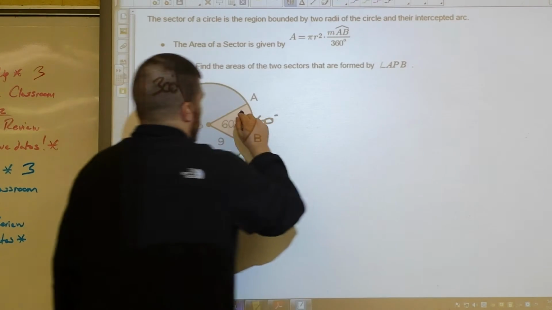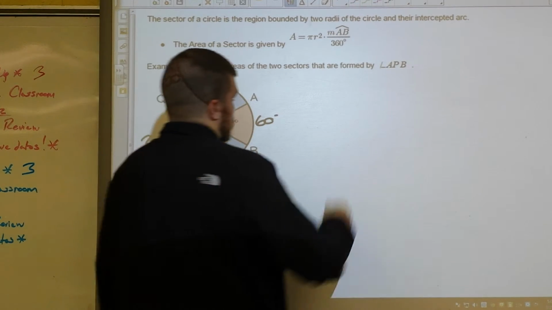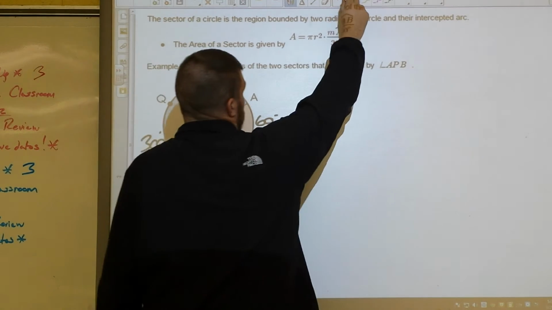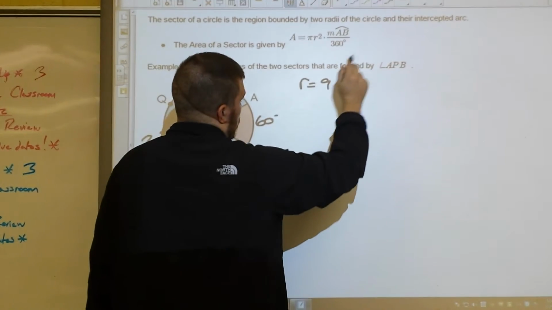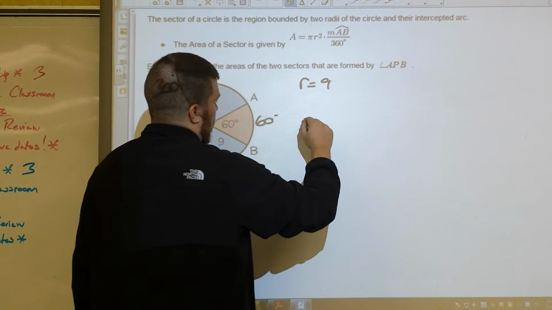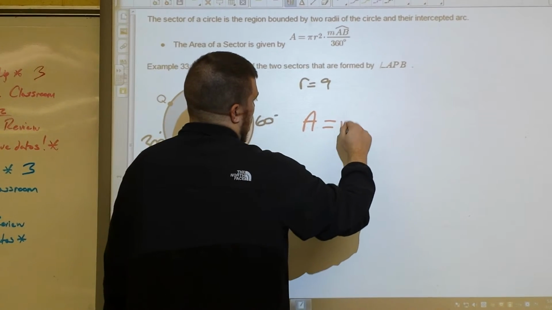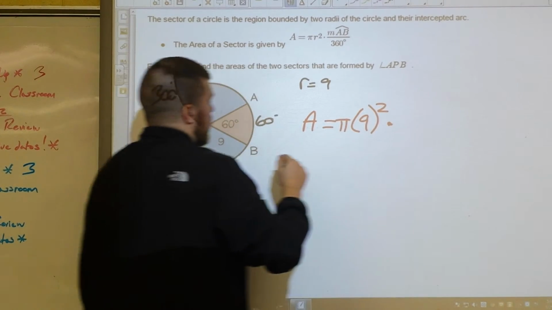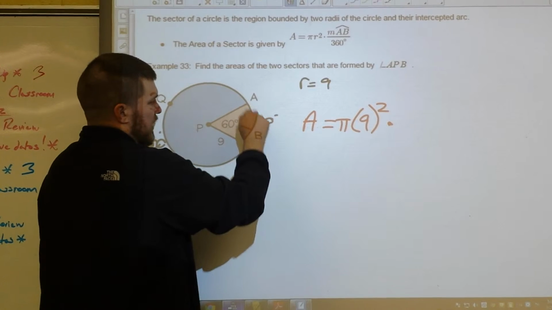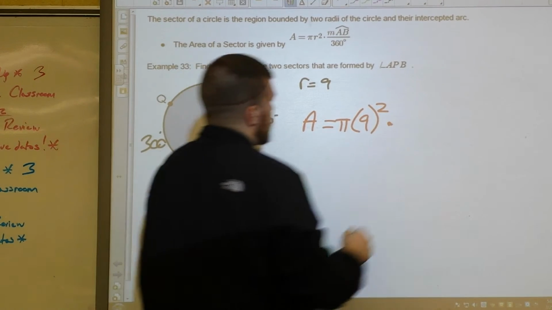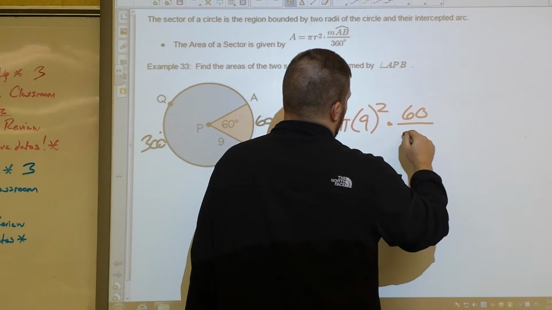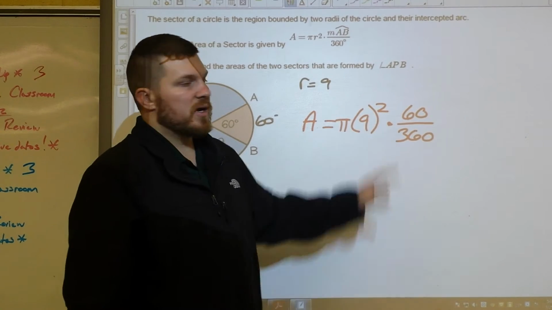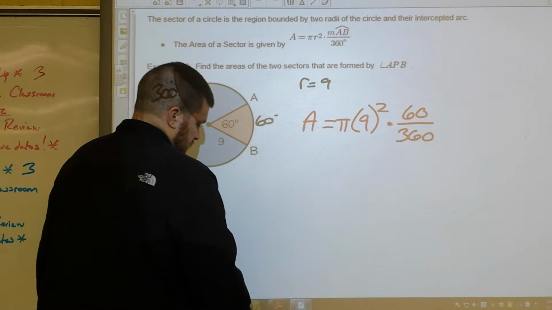For the red sector, I'm going to just use my formula. I'm told that my radius is 9, so that's also important information that I'm going to use in both formulas. So for the red sector, I have area equals pi times 9 squared times the measure of the arc that I'm looking at, so in this case AB, that's 60 degrees, divided by 360. Now I'm just going to type this in my calculator exactly the way it looks.